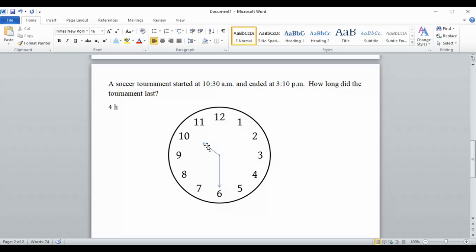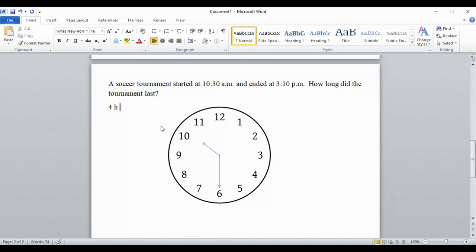And our hour hand is going to be here. So we're going to have to go from 2:30 all the way around here to 3:10. And as you recall, there's 5 minutes between numbers. So 5, 10, 15, 20, 25, 30, 35, 40.